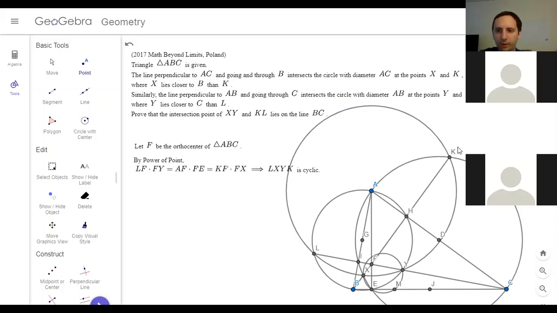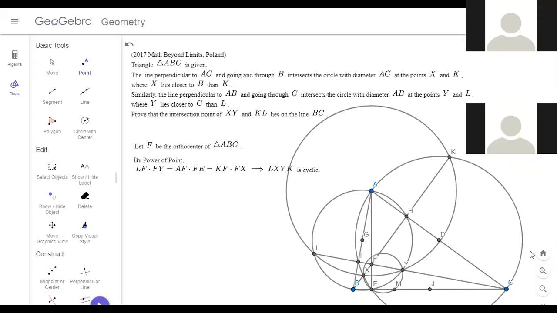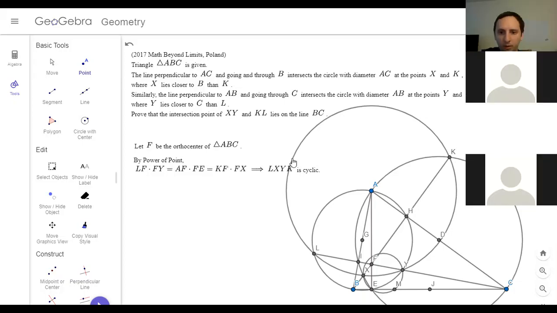So Serdar, do you think you've solved it? Okay, so I could see why BC is the polar of F. But how do you know that LX and KY meet on BC?